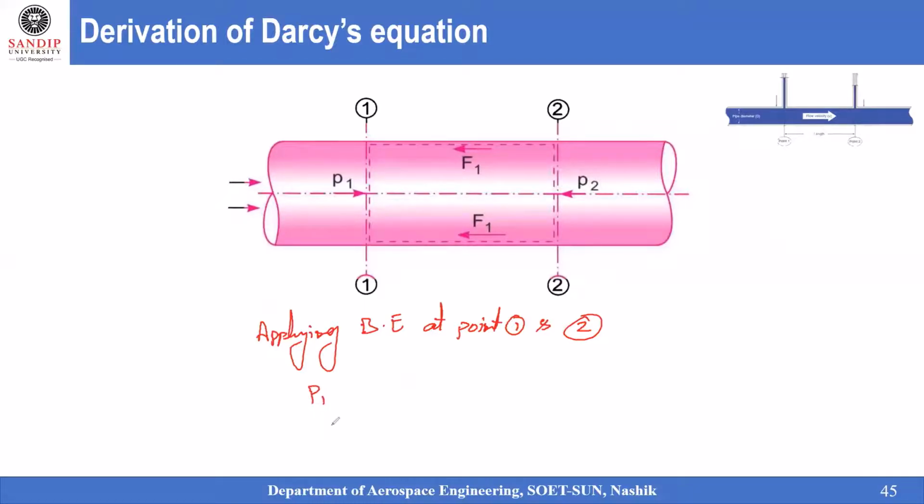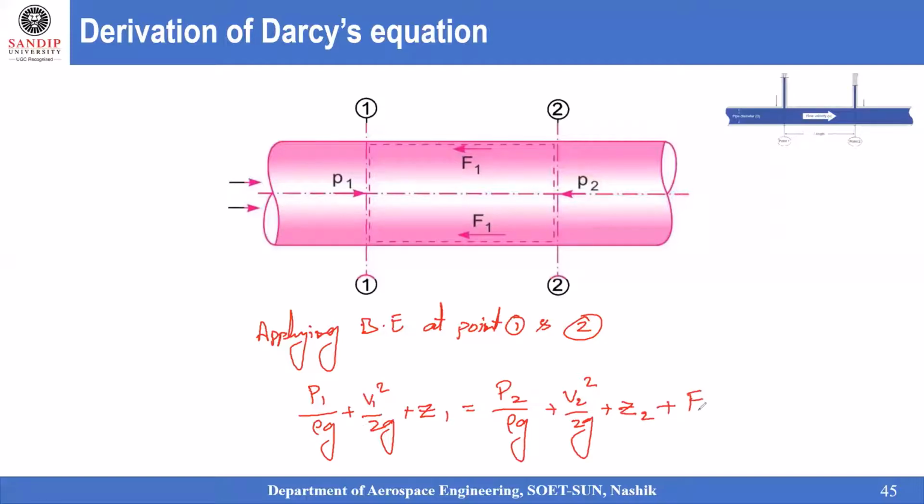P1 by rho g plus V1 square by 2g plus Z1 is equal to P2 by rho g plus V2 square by 2g plus Z2 plus F1.